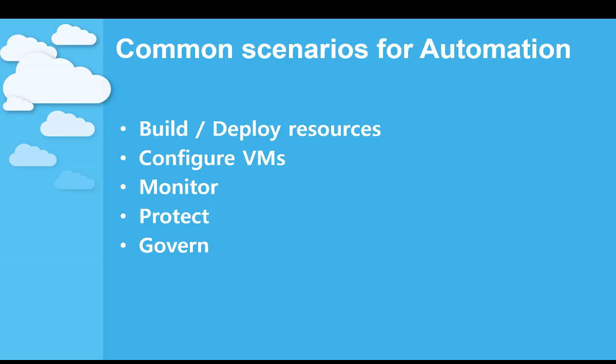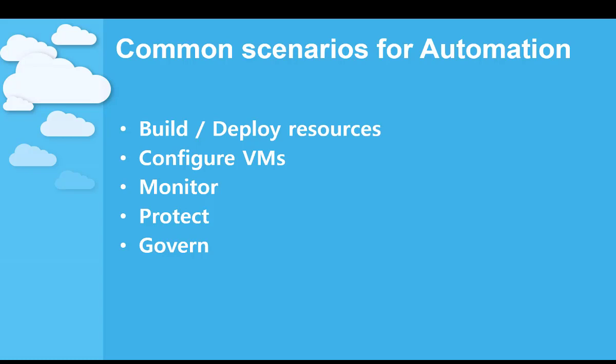We'll be able to monitor by identifying changes on machines that are causing issues and remediate or escalate to a management system. We'll be able also to protect by quarantining VMs if a security alert is raised, and set guest requirements.